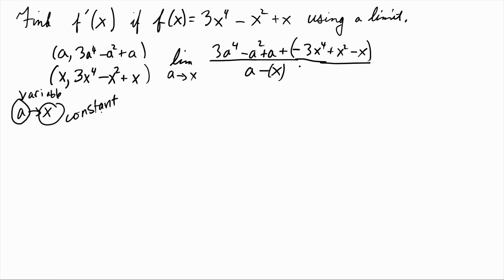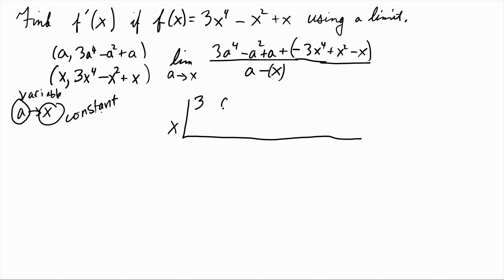But maybe we don't know exactly how to factor it, but we can do synthetic division. So we're dividing by a minus x, thinking of a as the variable, x is the constant. Change the sign of that, so we're going to have an x out here. Think about the coefficients of powers of a. Coefficient of a to the 4th is 3.